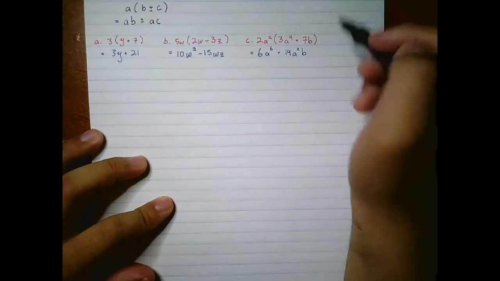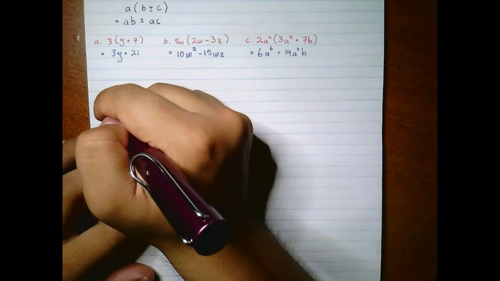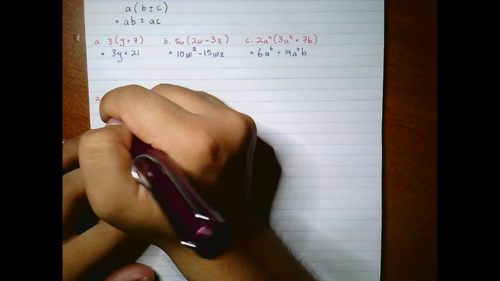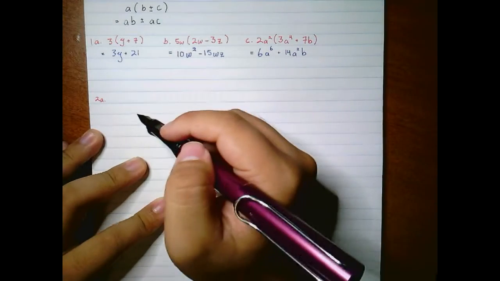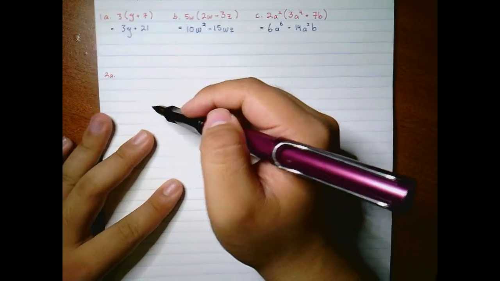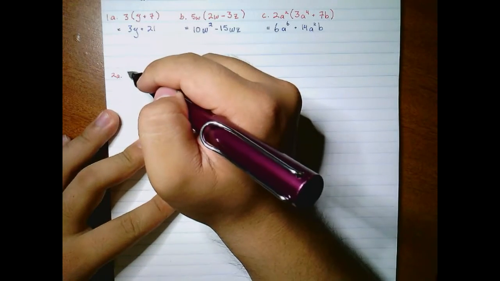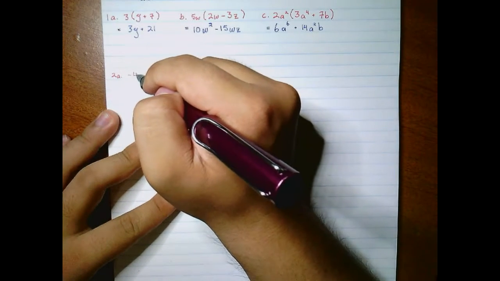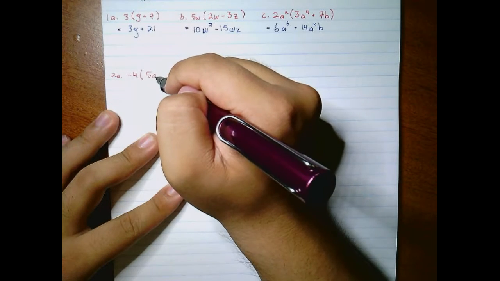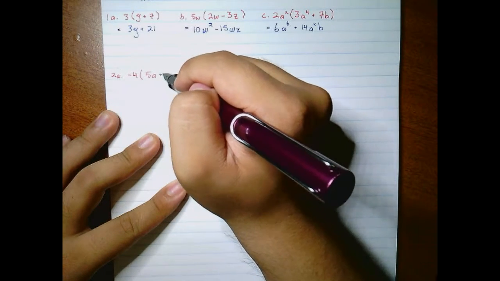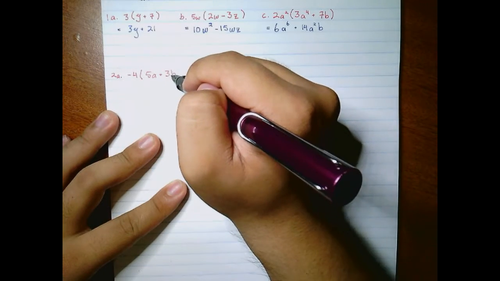Now the same thing applies even if it were a negative number in the front. So that's set 1. Set 2, let's take a look at what happens if it were, say, negative 4 outside 5a plus 3b.